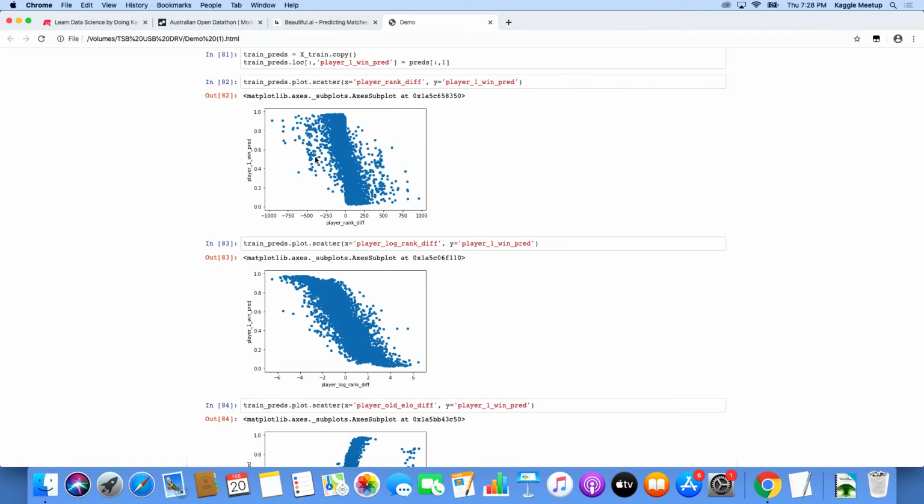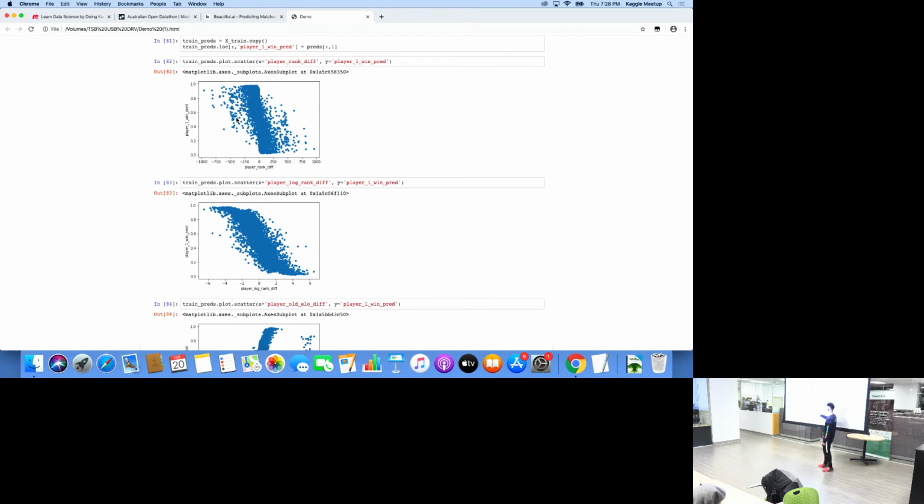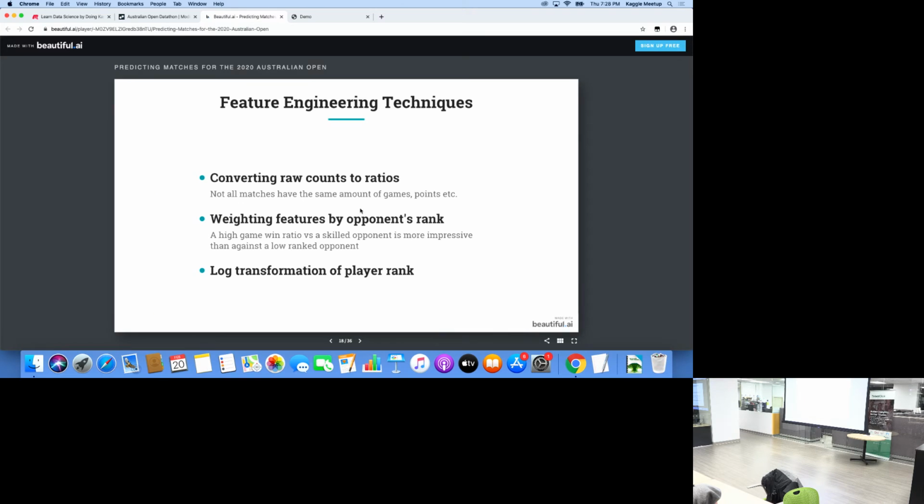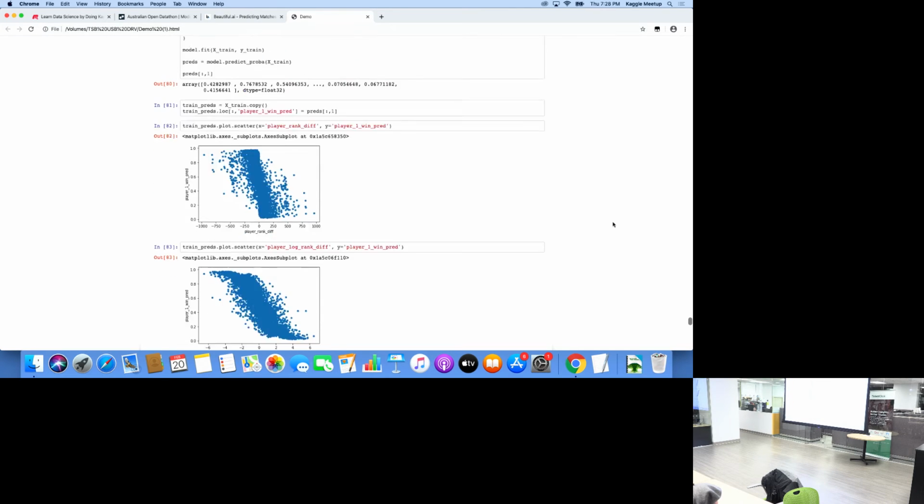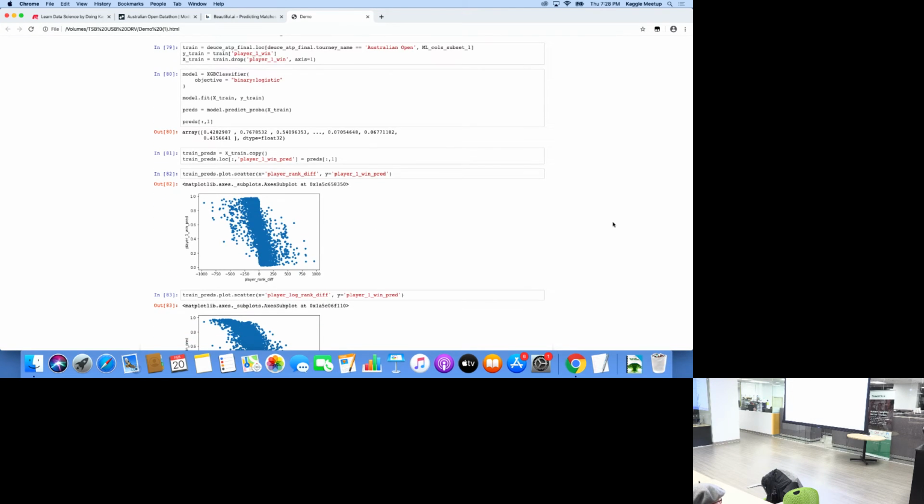As you can see, there seems to be a more linear relationship, or at least a slightly more obvious relationship compared to just the non-transformed rank difference. But that's based on the predicted probabilities with that as a feature. I'm not sure if that's the best way to illustrate it, but I thought that was interesting. Okay, so that's some of the main techniques. And we'll also be taking a difference between features.